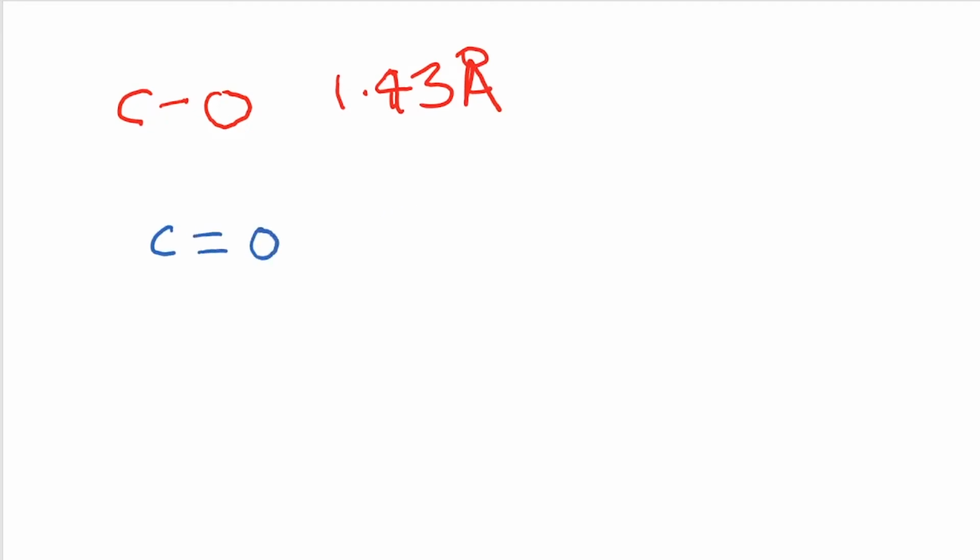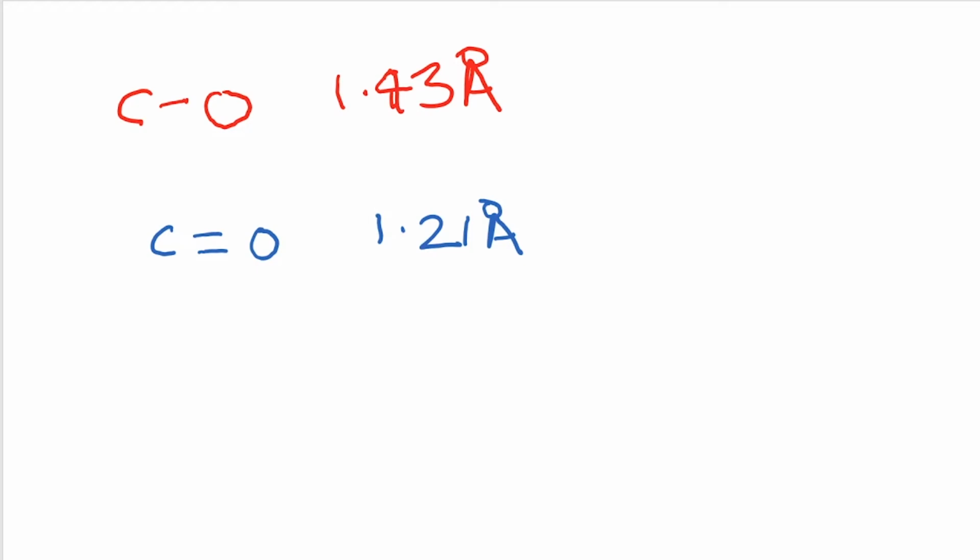A typical carbon-oxygen single bond is 1.43 angstrom, and a typical carbon-oxygen double bond is 1.21 angstrom.